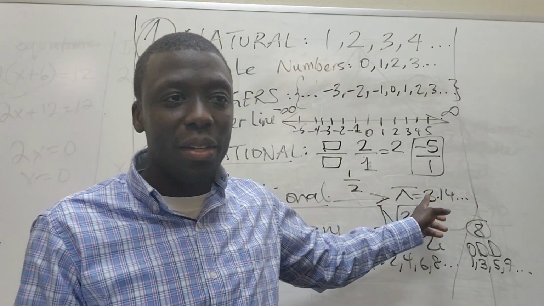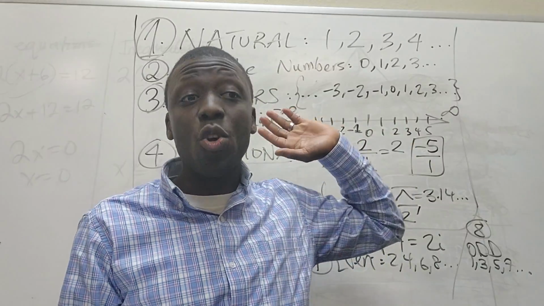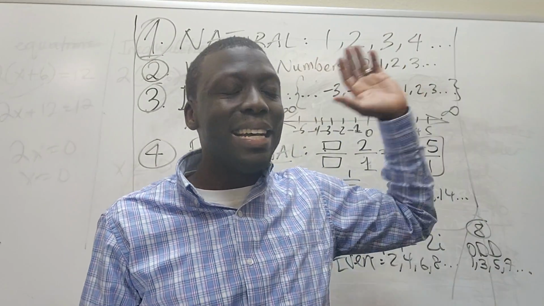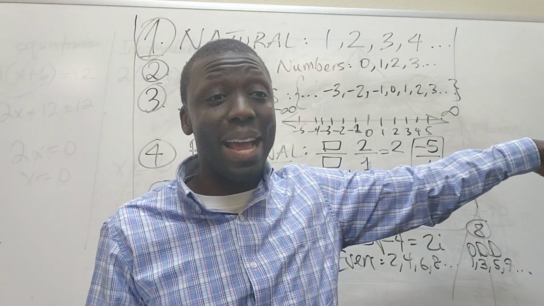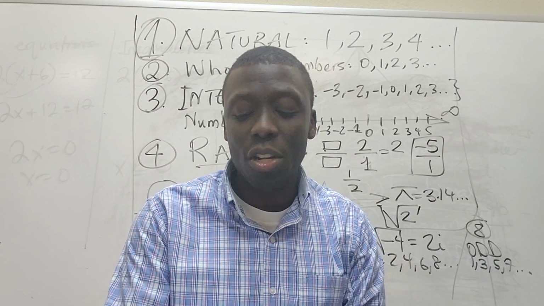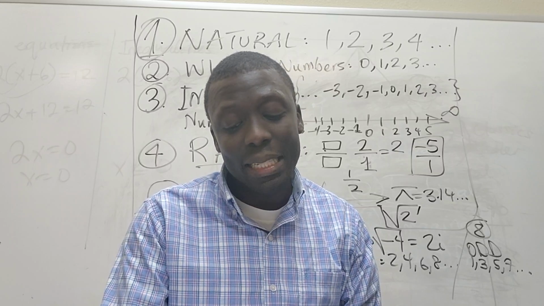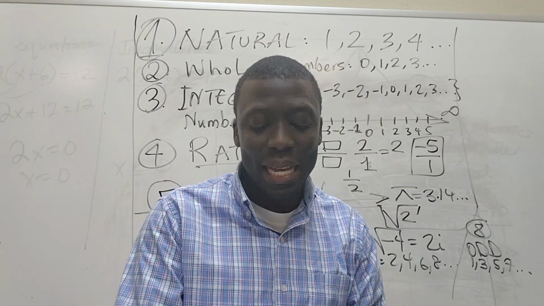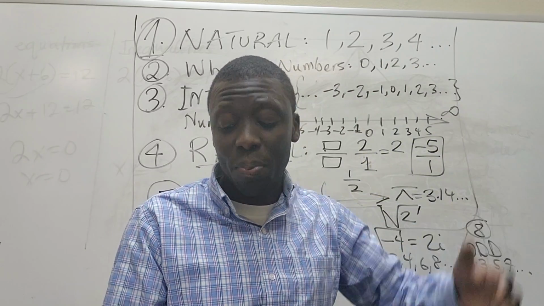Pi, for example, can be written as a decimal, but it just goes on. Some people have memorized pi to 10,000 digits. I can't believe it, but some people have done it. It shows the mind that God has blessed us with. It has the capacity to go up to 10,000 places.